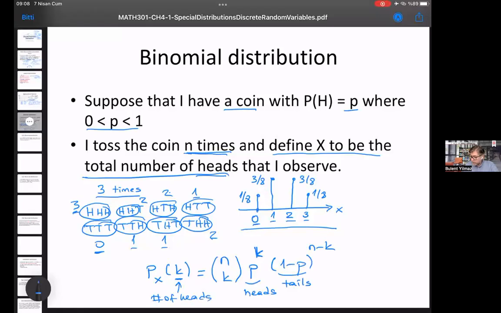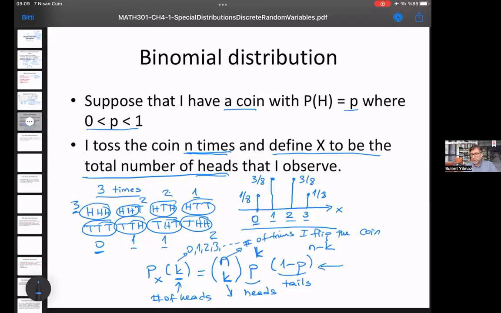For example, I have 1 head, 0 heads. This can be 0, 1, 2, 3, anything like that. And n is the number of times I flip the coin. But K is the number of heads, right? So I'm flipping the coin 10 times, and I'm trying to find out the probability of obtaining 5 heads. What is the probability? I can find it out from this formulation.